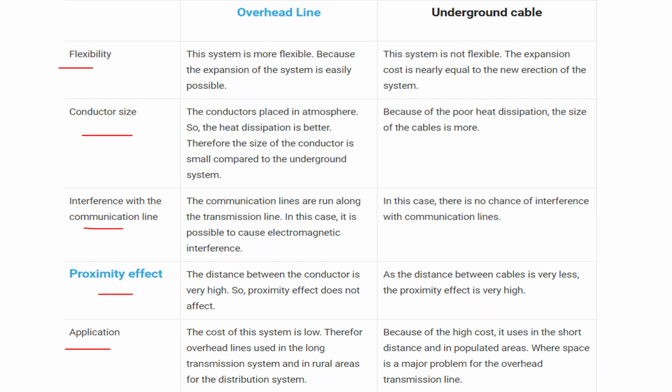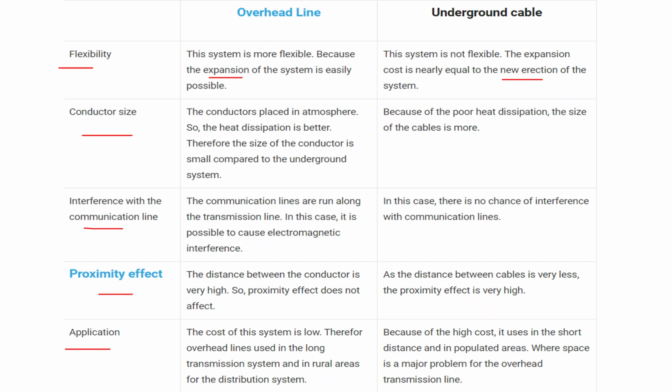Obviously the overhead line will be more flexible, and the expansion in case of overhead line will also be possible very easily. But underground systems are not very flexible, and the expansion cost is nearly equal to the new erection. Like if we already have a system and we plan to expand it, then it will be as costly as designing a new system.